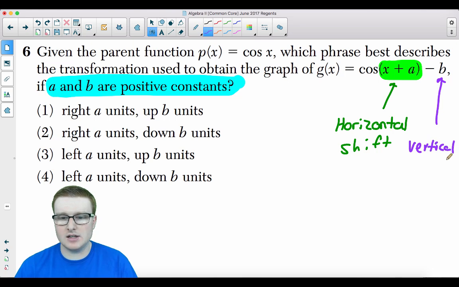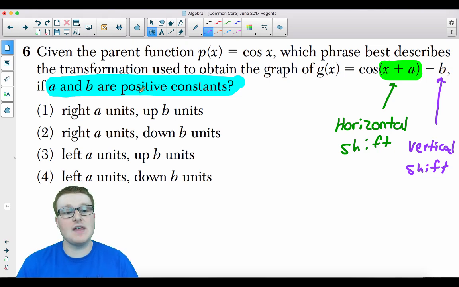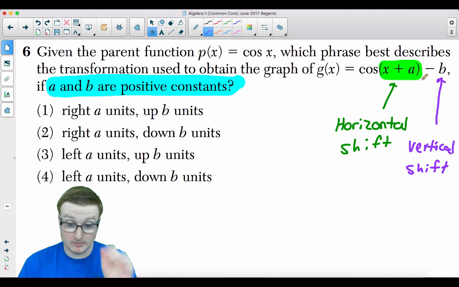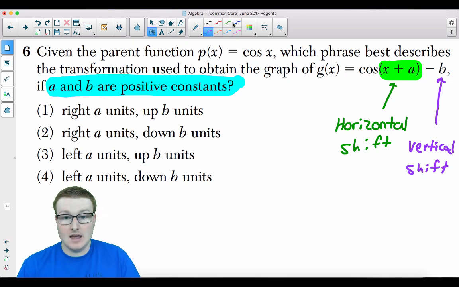So what this is telling you is that since these are both positive constants, that negative remains negative. Because if they said that they were negative constants, 2 negatives would give you a positive, so that would change the whole problem. So here's the thing. This is going to be a horizontal shift. Now, since a is positive, that stays the same.